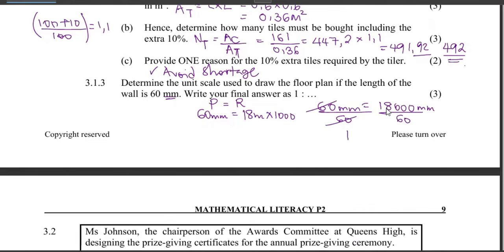I need a 1. 1 is to, then here now I have my 18,000, so 1 is to 300. So this is the scale that was used. This one is supposed to be the hall, not the wall. Okay. Let's continue.